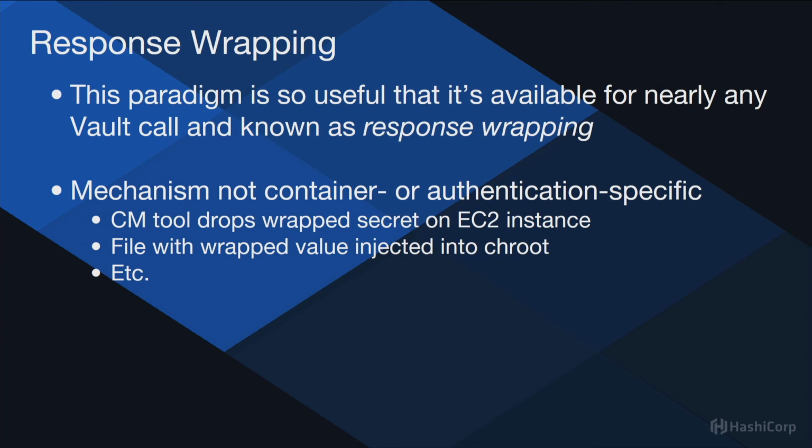So, as an example, a configuration management tool can drop a wrapped secret on an EC2 instance. The configuration management tool can say, hey, generate me a token and have it wrapped. Then it can say, okay, EC2 instance, I'm going to SSH into you, because my private key is part of your authorized keys, and I'm just going to drop the wrap token there for the client to pick up.